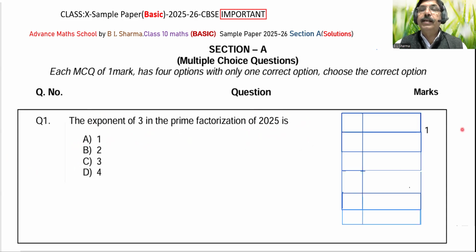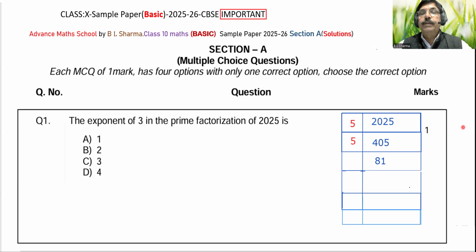First we will prime factorize it. 2025 is divisible by 5, so divide by 5, it is 405. 405 again divided by 5 is 81. 81 is not divisible by 5, so divide by 3: 3 times 27 is 81.